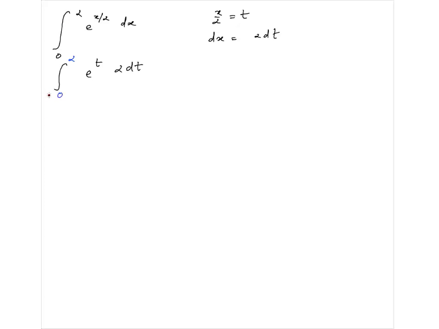And right now, it is t here. You need to look for the relationship. When x is 0, how much is t? That's what you need here. When x is 2, how much is t? That's what you need here. Then it's the usual procedure.